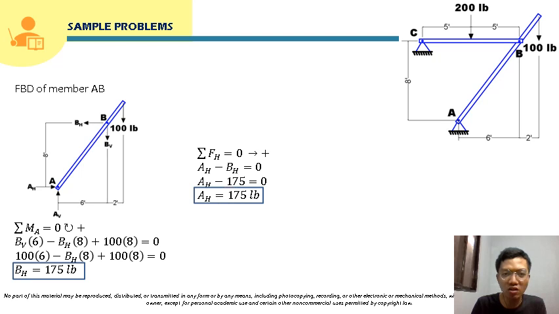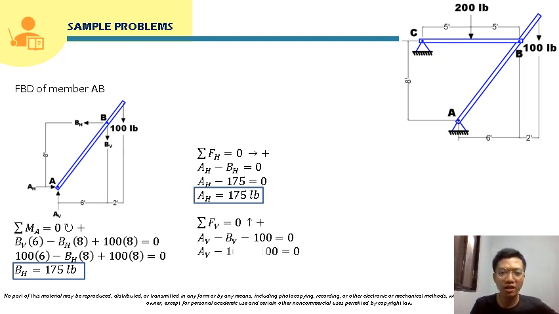So we can already box this AH. Okay. So also for summation of forces vertical, that will just be AV minus BV minus 100, and that will be equal to 0. And we already solved for BV, that is 100. So we can directly solve for AV. AV is equal to 200 pounds. So we can already box that.